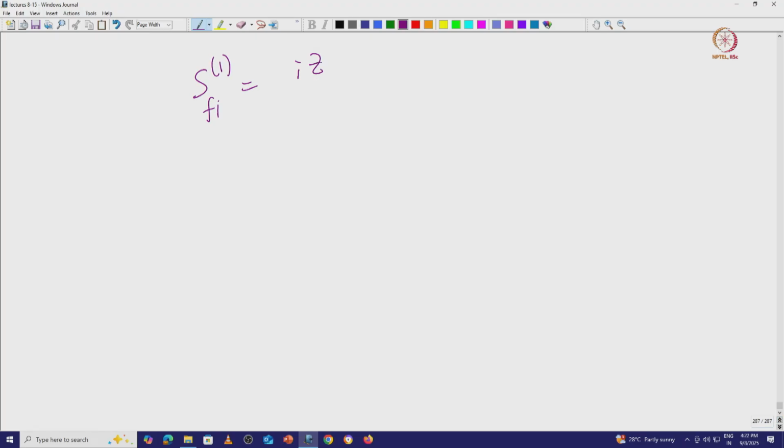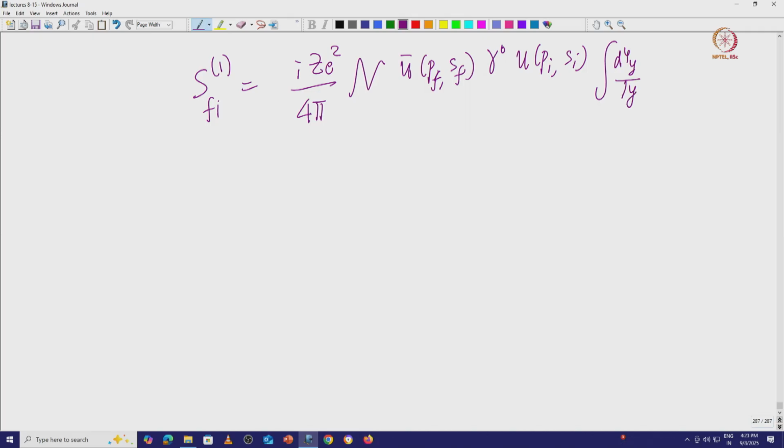S_fi at leading order is equal to i Z e squared by 4 pi, some normalization factor, u bar p_f gamma 0 u p_i, the initial point integral d^4 y, e^{i(p_f minus p_i)y}.